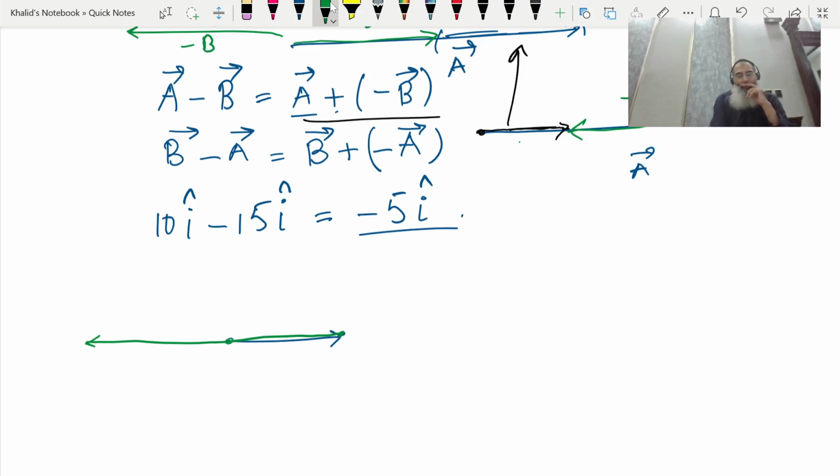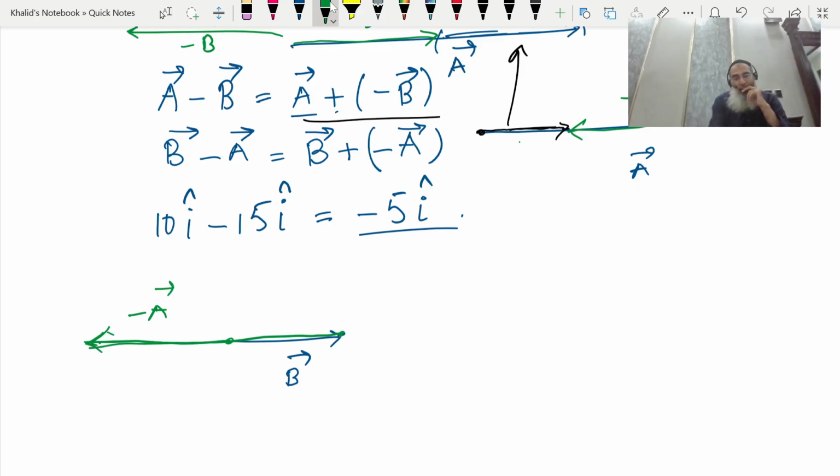So this blue vector is B, and the green vector is negative A. So the addition of these two vectors is the remaining length of A. The direction is this, so from here to here.